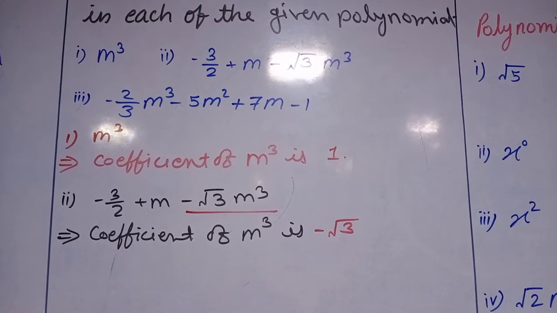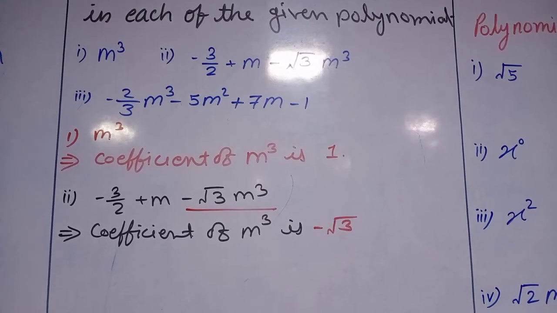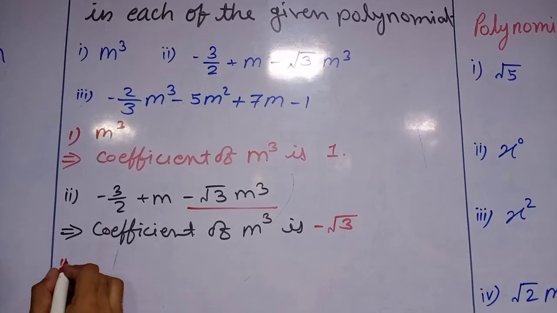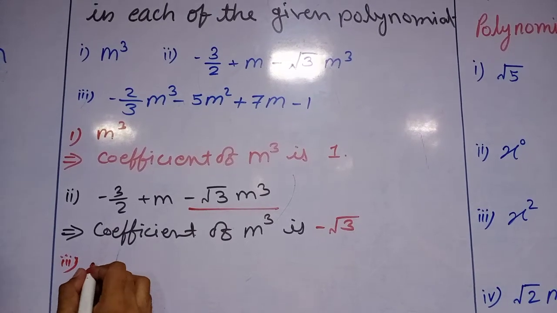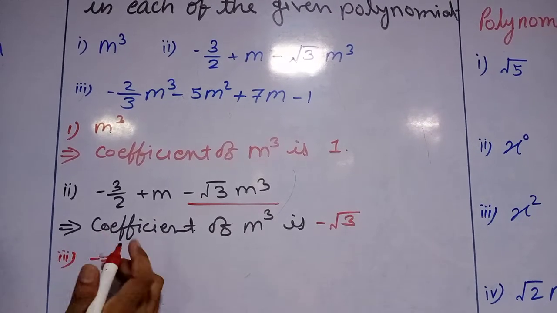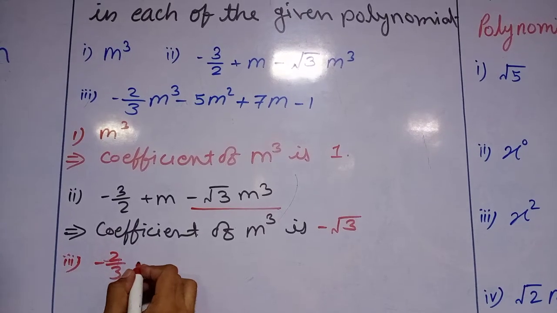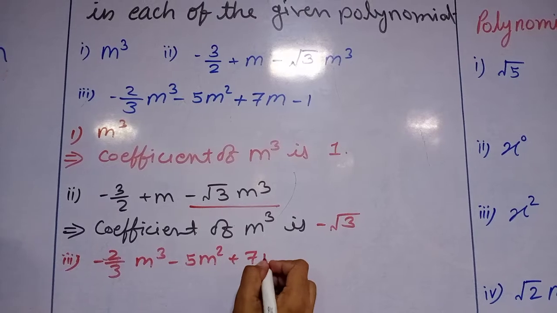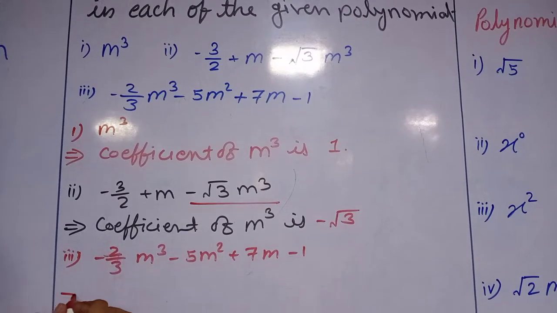Now the next one, third one, minus 2 upon 3 m cube minus 5 m square plus 7m minus 1.